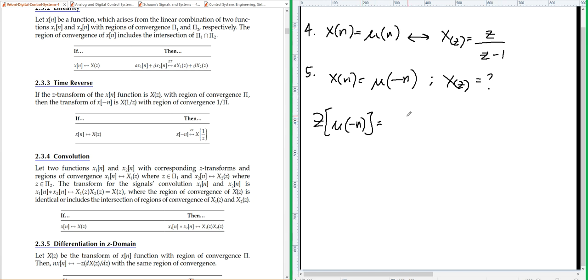So this becomes 1 over z, and this also becomes 1 over z minus 1. As you can see, we just substitute this with this and this with this. Then you simplify.